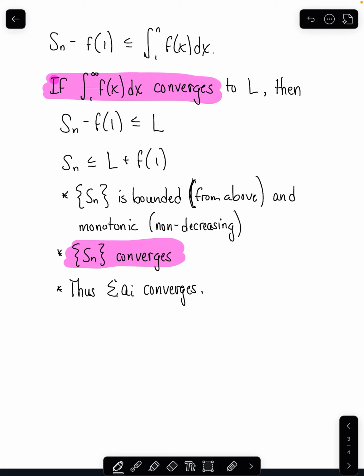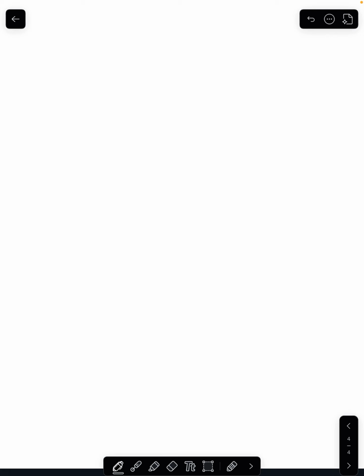Now we have a second side of the inequality as well. The integral from 1 to n of f of x dx is less than or equal to s sub n minus 1. This time we're going to assume that the integral diverges.